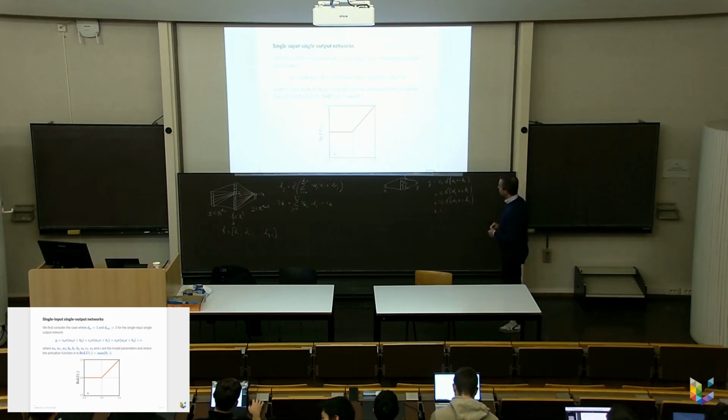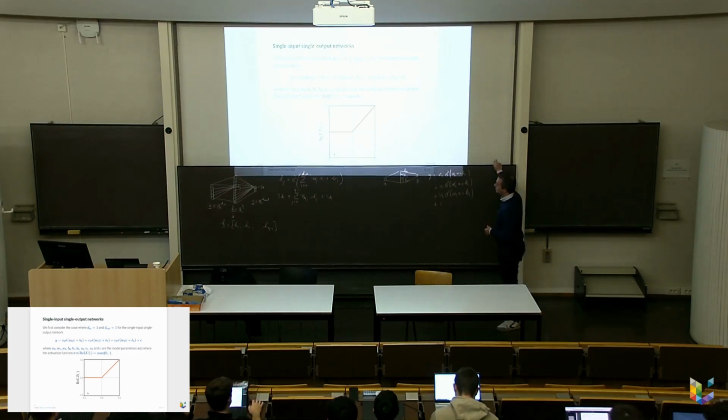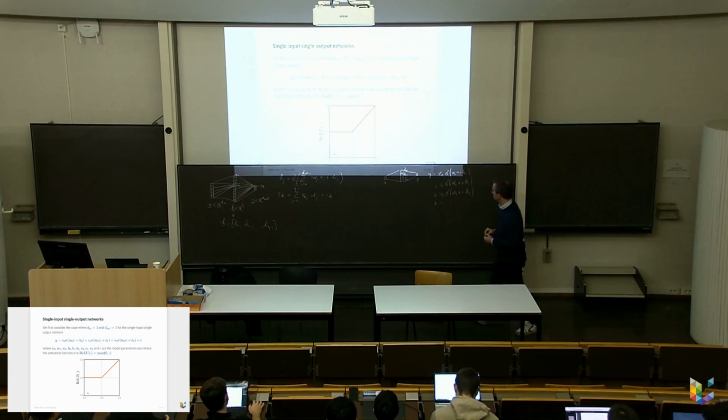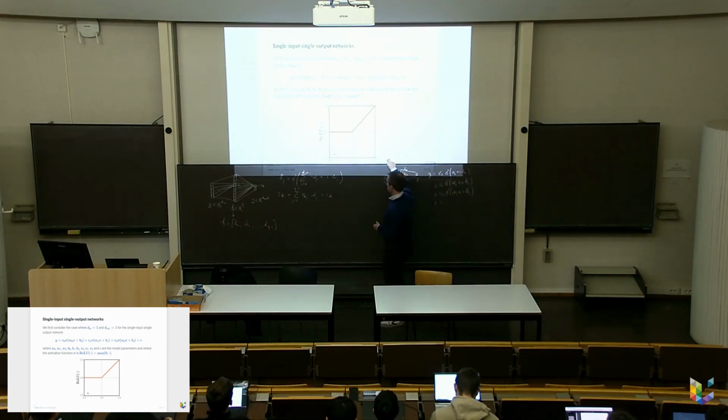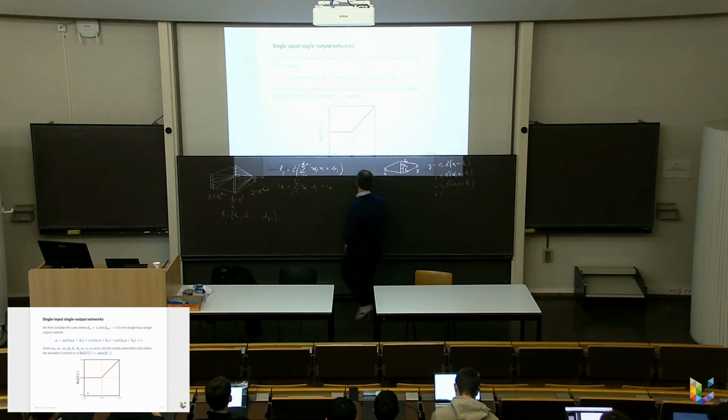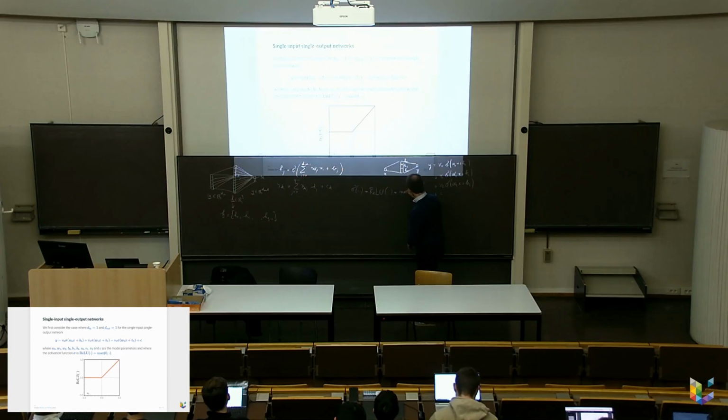The activation function I will use today is not the sigmoid activation function, but the ReLU activation function. So I define sigma as ReLU, which is the maximum between the input and zero.